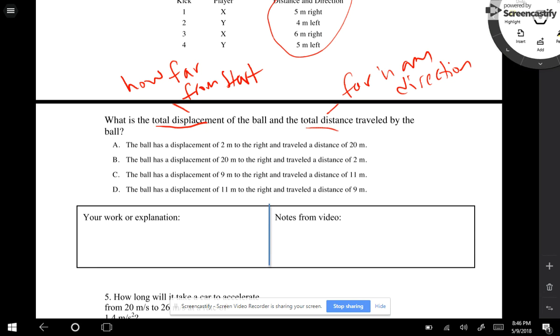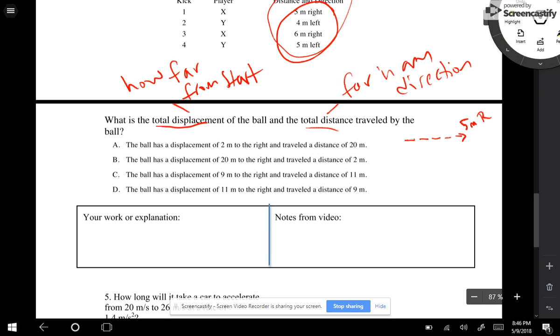So let's go ahead and look at this data and figure out our distance, how far in total. So we go 5 right. I'll just go 1, 2, 3, 4, 5 right. This represents 5 meters right. Now 4 left, kicked back 4 left. So right from here, 1, 2, 3, 4 left.